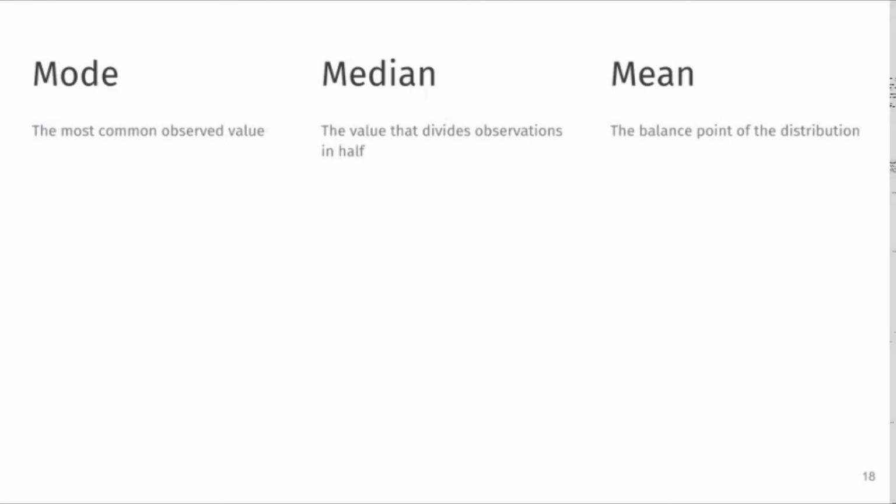The median is the value that divides the set of observations in half. And the mean is the balance point of the distribution of observations. So they all have different definitions, but I think you can agree that they all are plausible candidates for a good description of the central tendency of our data.